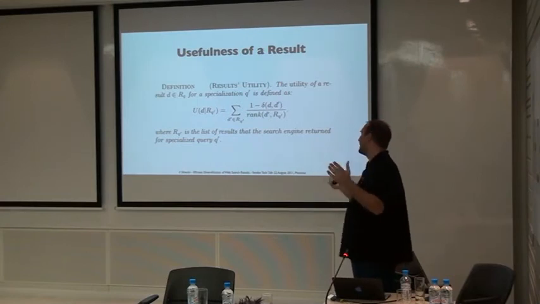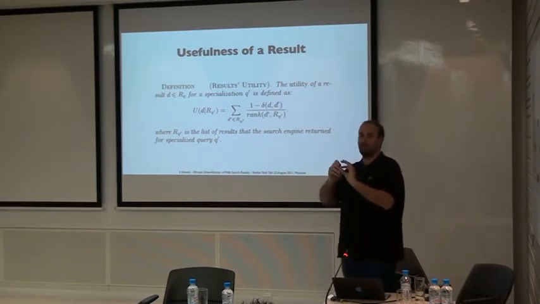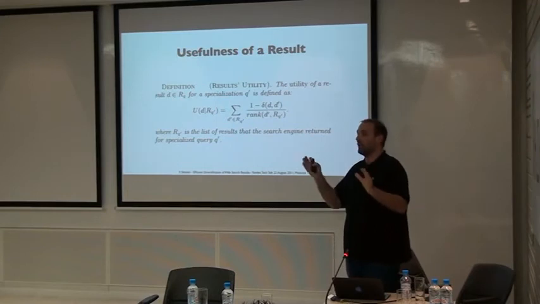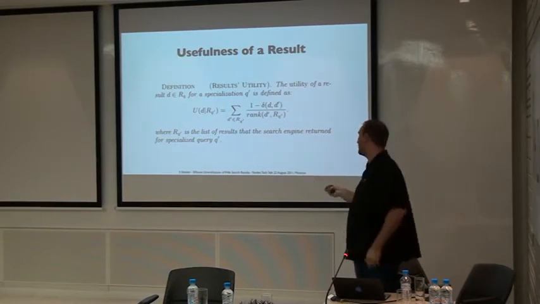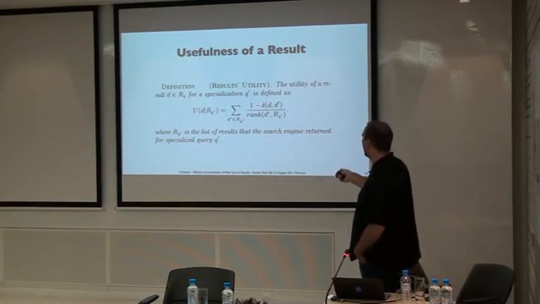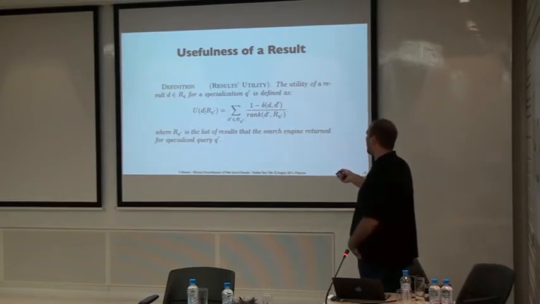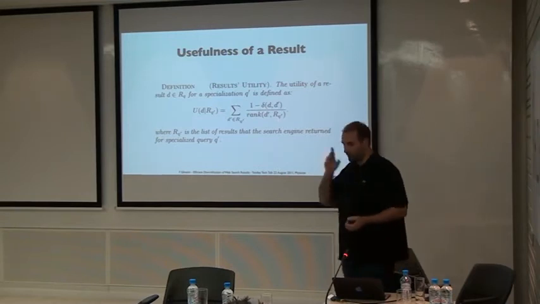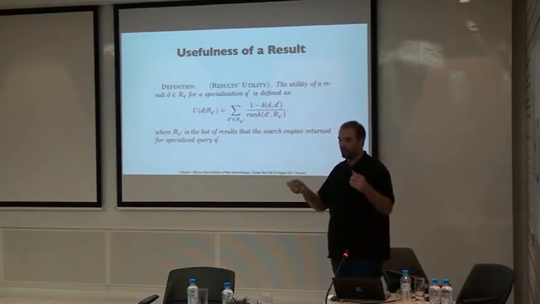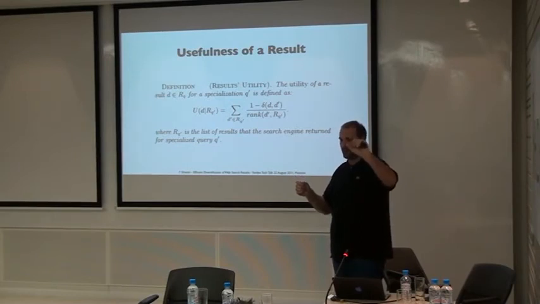So basically the diversification algorithm is the following. You measure this function, and I'm going to give you the meaning in a while. This function is roughly a weight for the utility of a document for a given specialization, for a given query reformulation.